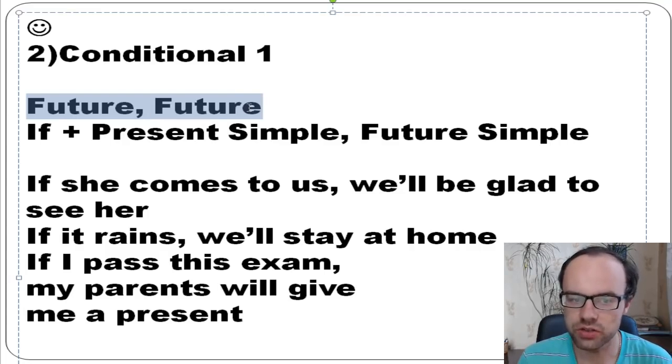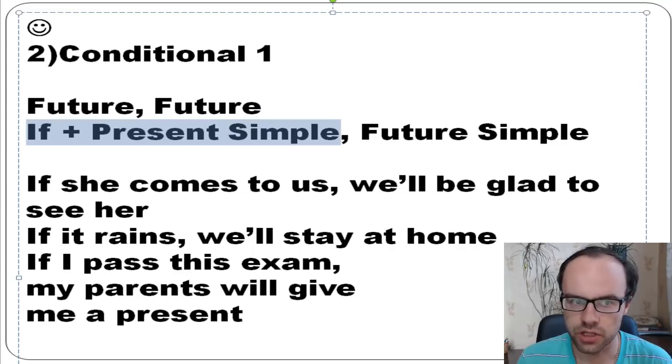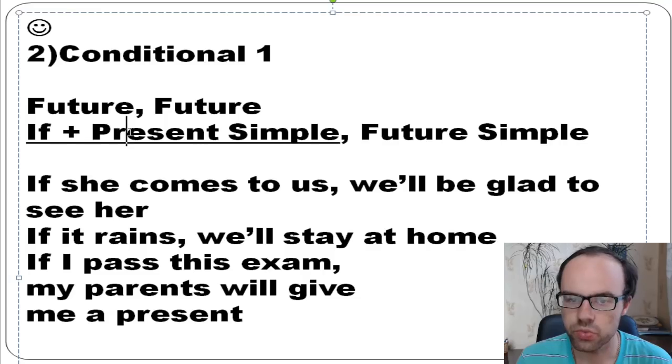But you need to remember one rule, that you use present simple after if. Right, you talk about the future, but you need to use present simple. It's very important. You use it after if or when, and then you use future simple, okay?